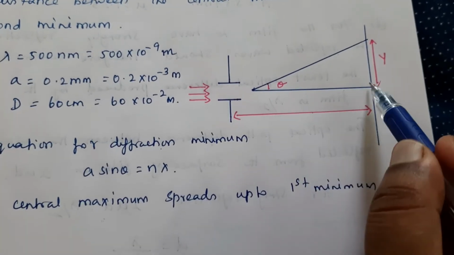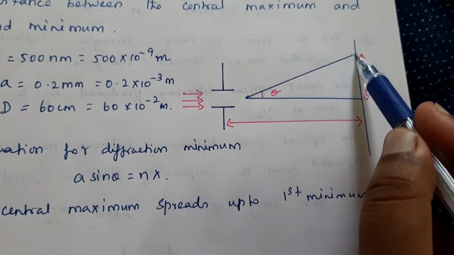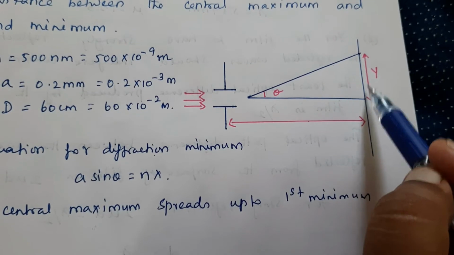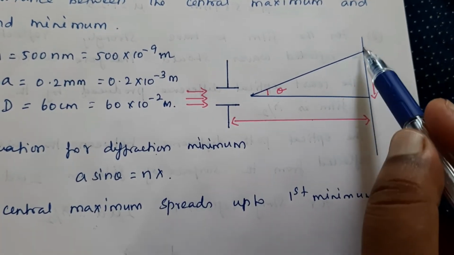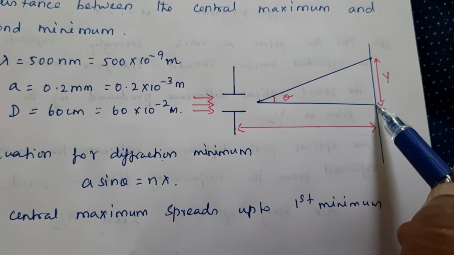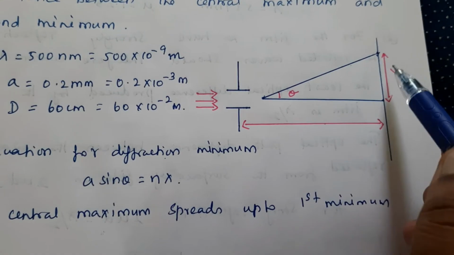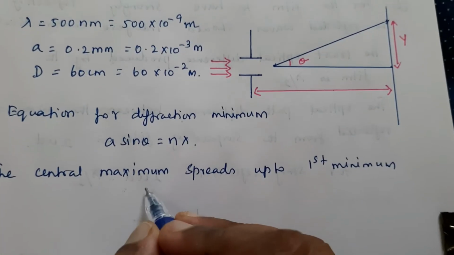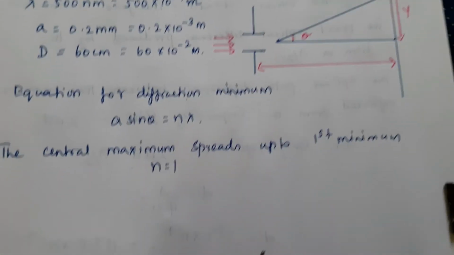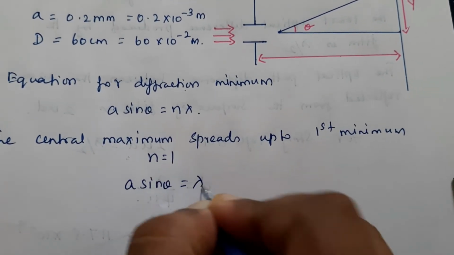This is your central maximum, and this is your first minimum. From here to here it is the central maximum. So we can take n is equal to 1, and I can write a sin theta is equal to lambda.